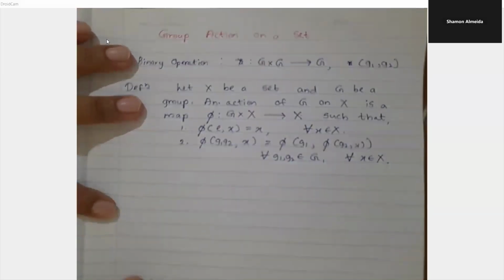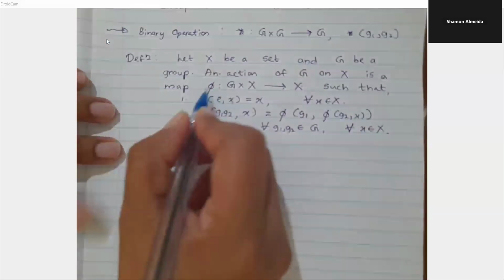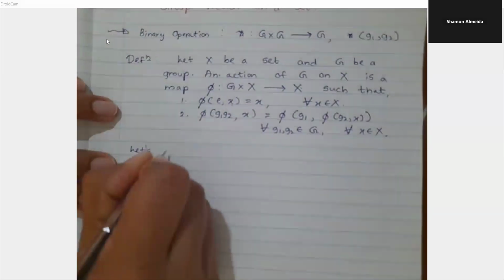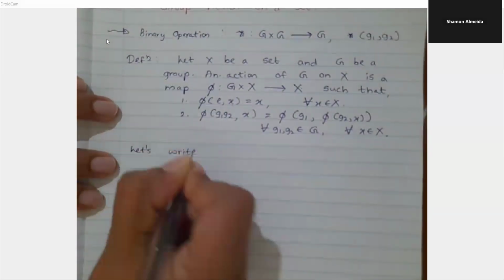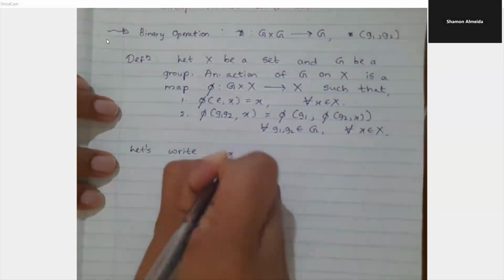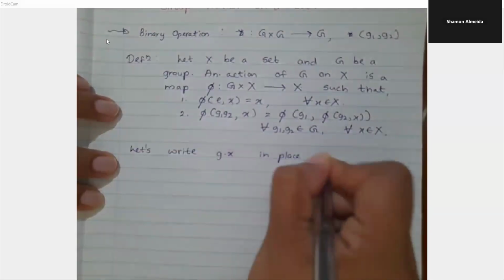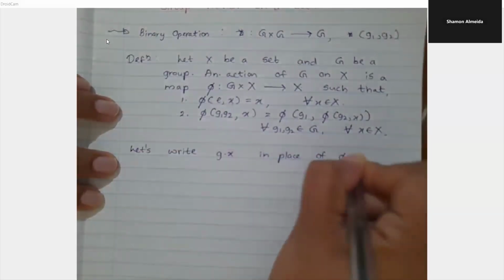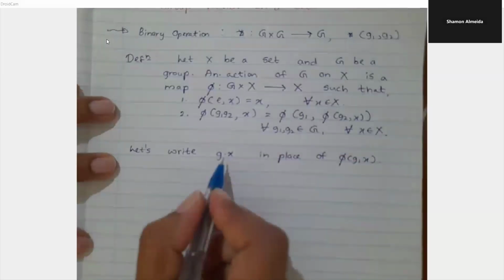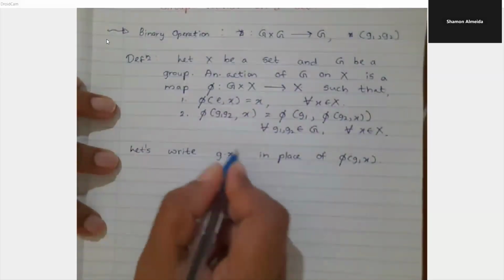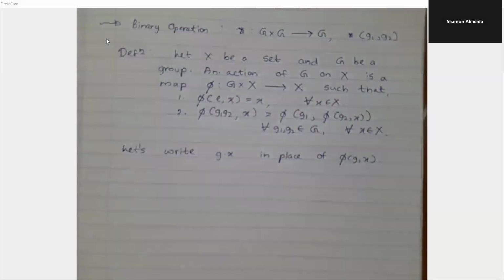Now, to somewhat simplify this notation, let's write G dot x in place of phi of G comma x. Now observe this dot does not in any way resemble the binary operation over G. This is simply written in place of phi of G, x, right?